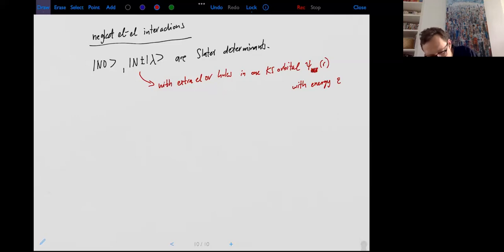I want to put an index n here. And of course, in that case, we can express the difference between these total energies just in terms of these single particle energies.